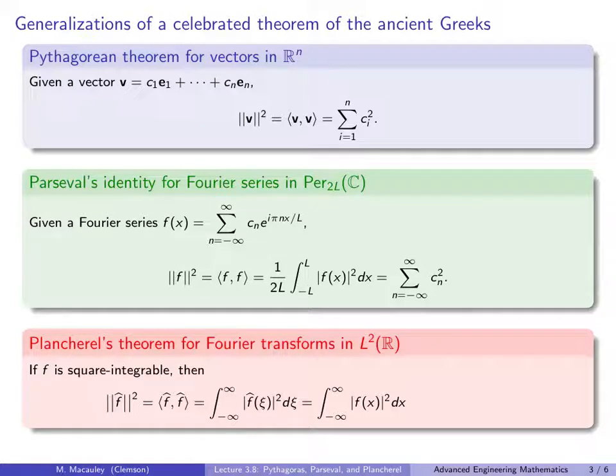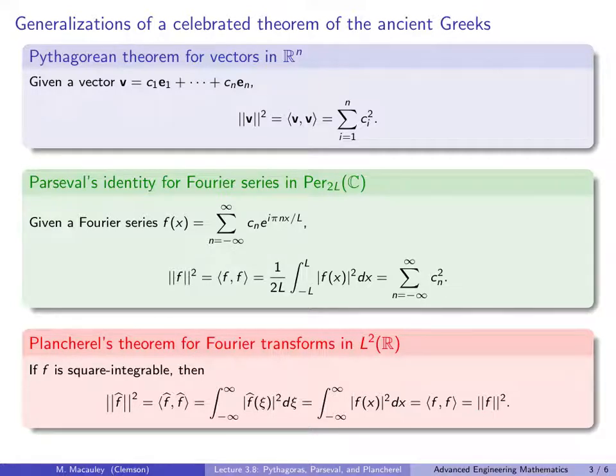And here's the theorem: the integral of the absolute value of the Fourier transform of f squared is equal to the integral of the plain old function f of x, absolute value squared, dx. And that is, of course, the inner product of f with itself, which is just the norm of f squared.